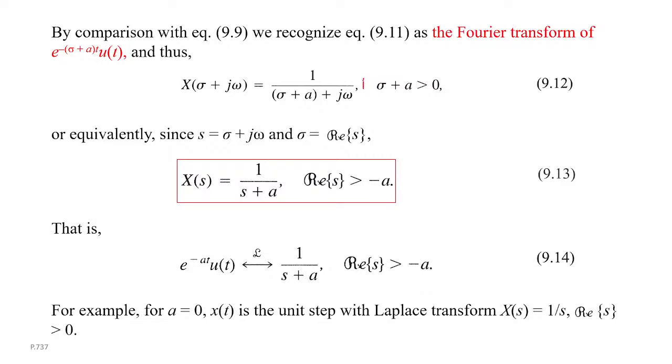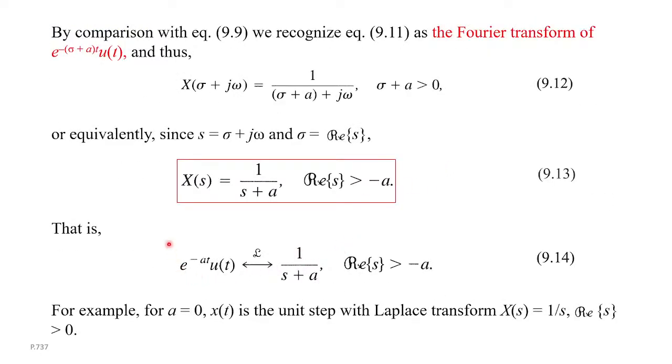So we want the real part of this thing to be bigger than 0. Okay, and you sort things out, and you will find the real part of s needs to be bigger than minus a, because sigma is the real part of s. Okay.